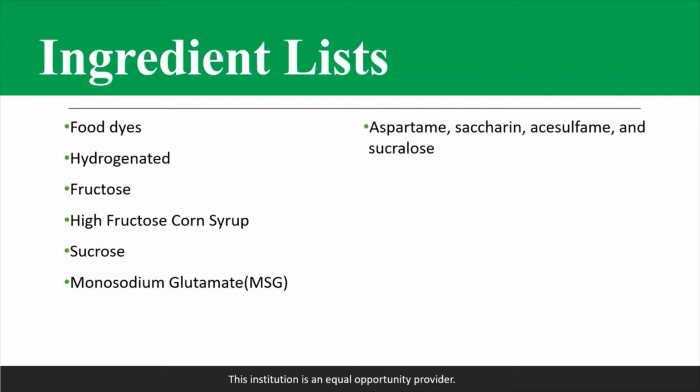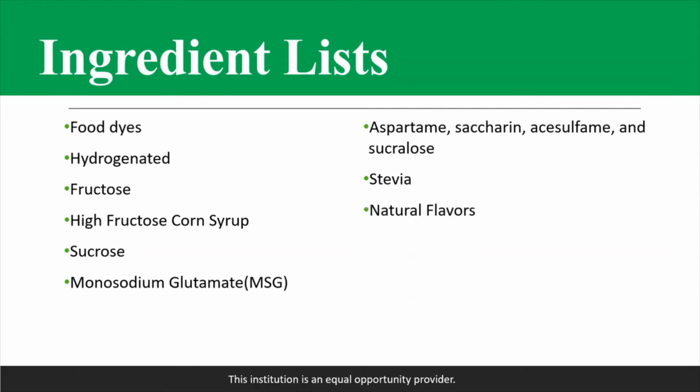All right, we have a group here: aspartame, saccharin, acesulfame, and sucralose. These ones are all artificial sweeteners, so they're not going to have any calories, but they are a little controversial because there's a chance that they do increase your appetite for sweeter foods. We have stevia, which is a low-calorie sweetener, and this one is made from the stevia plant.